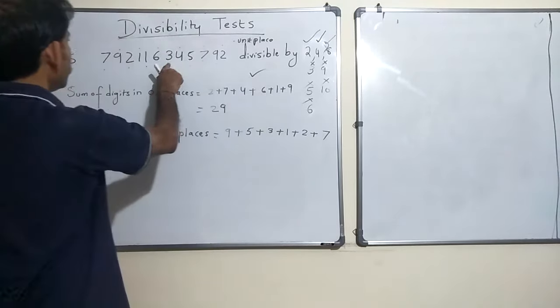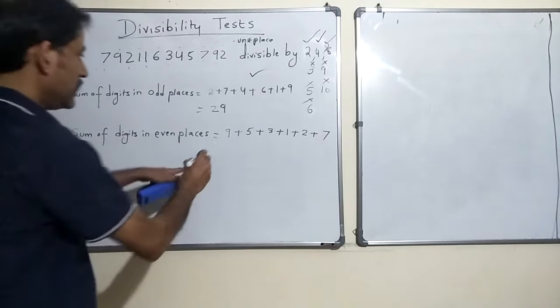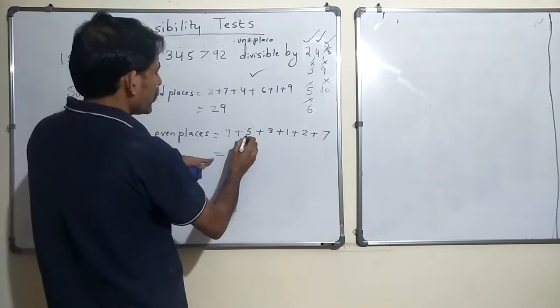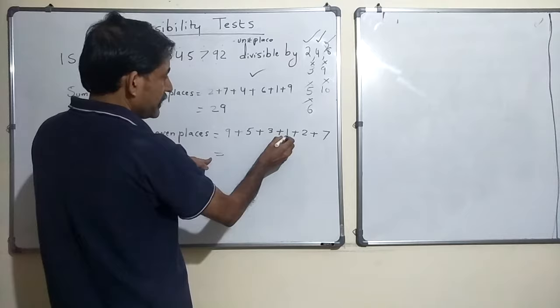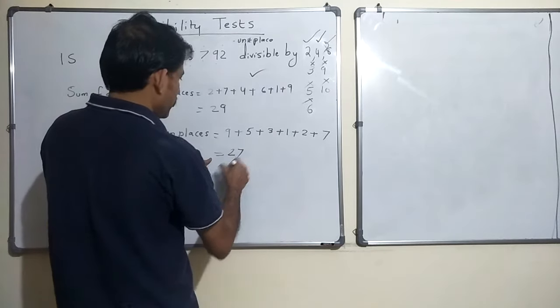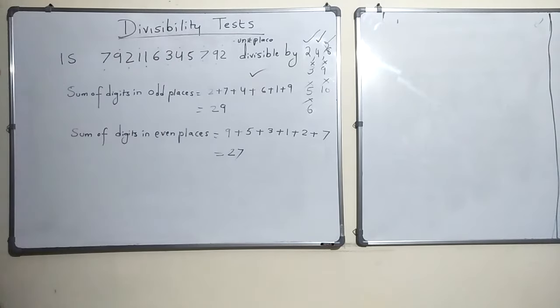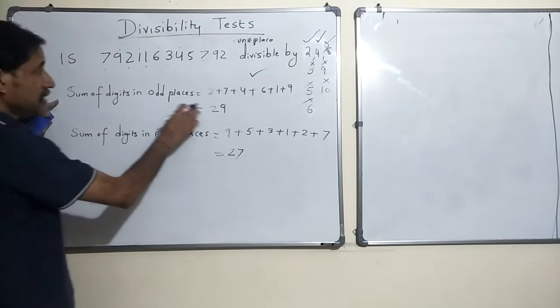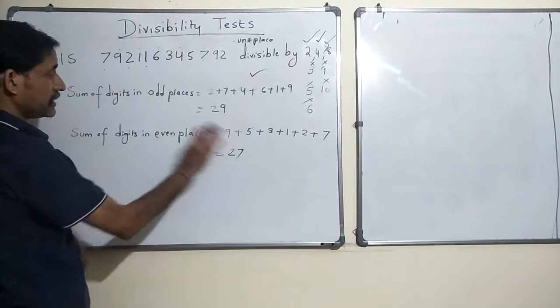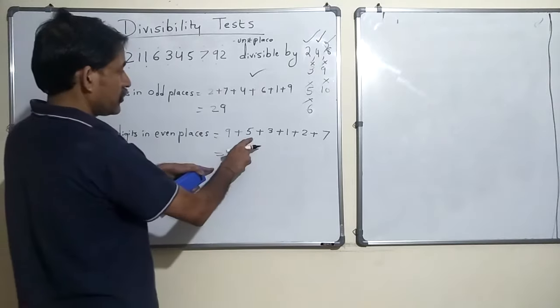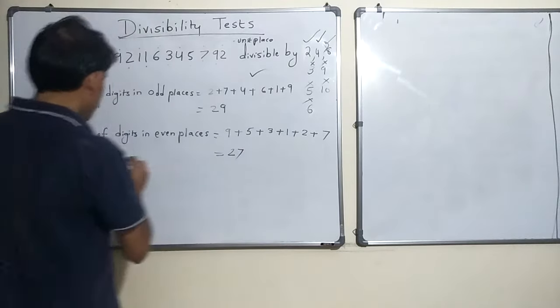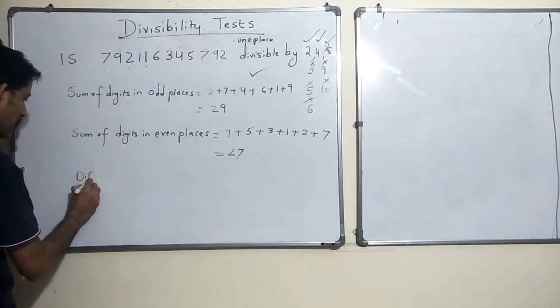All right, let's add: 14, 17, 18, 19, 20, 27. Now the sum of digits in the odd places is 29, the sum of digits in the even places is 27. Now what is the difference between the two?